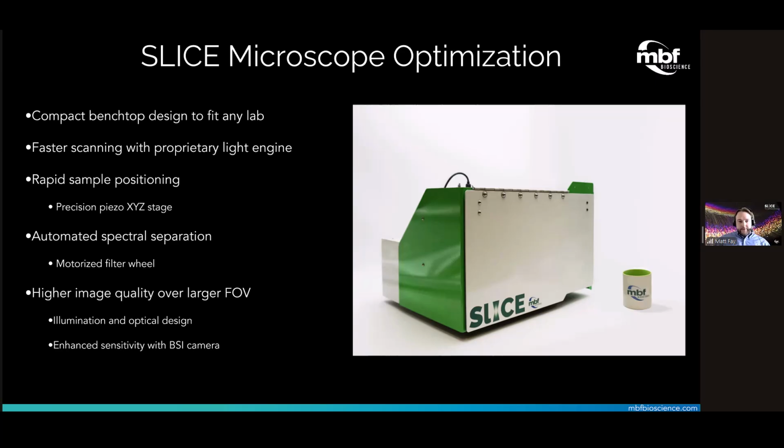Increased detection sensitivity with an 86% peak quantum efficiency backside illuminated camera and a maximized usable field of view with a 26 megapixel sensor. And with the help of Dr. Tomer, we introduced the corrective optics that he discussed earlier to improve the system's resolution.